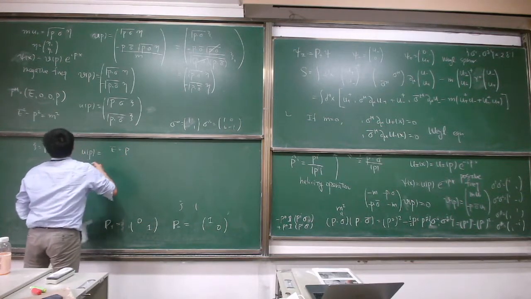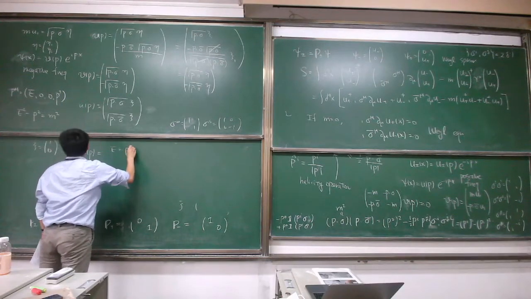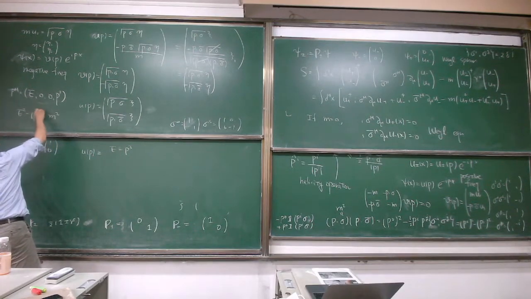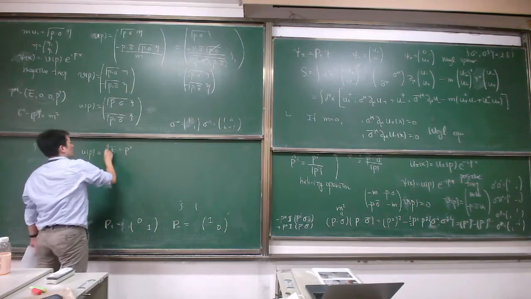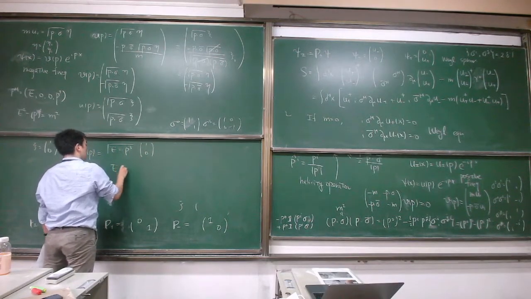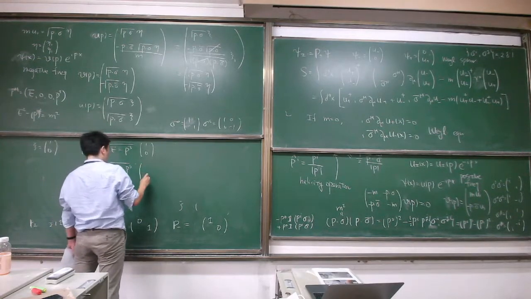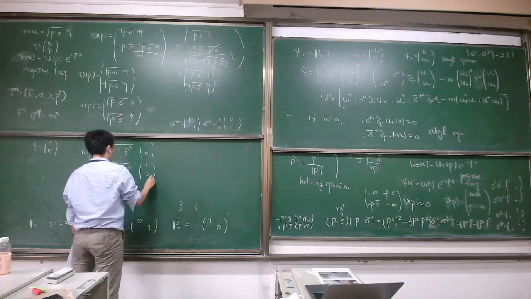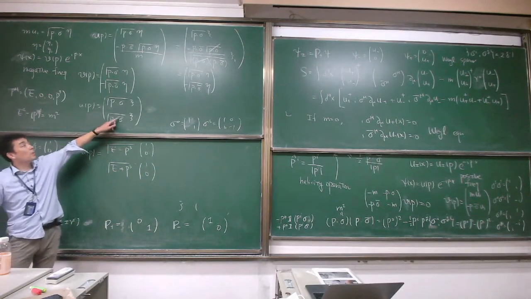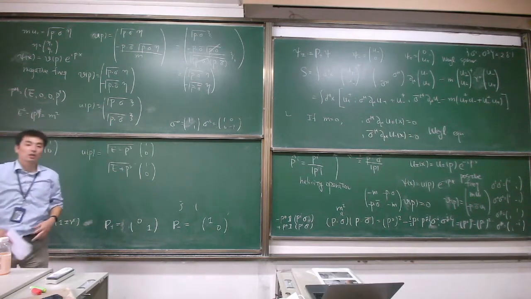I think I should write down p3, sorry. Square root of (1, 0), E plus p3, and then (1, 0). You be careful about the sign of sigma bar, and also this dot means contraction with g mu nu.